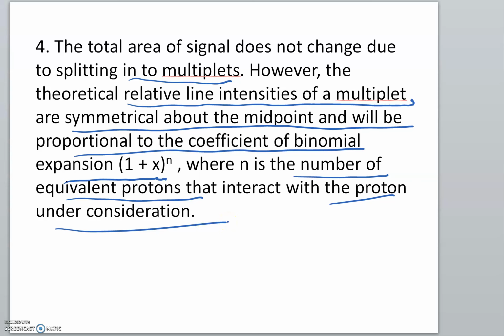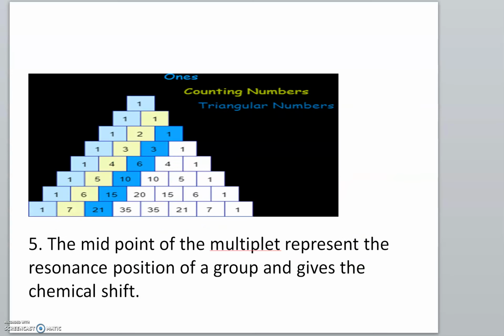That is the splitting. We know that equivalent protons split the lines into several multiplets, and the intensity of these multiplets is actually equal to the coefficients of the binomial expansion (1+x) raised to n. That is actually Pascal's triangle.